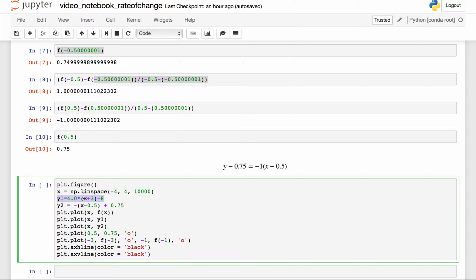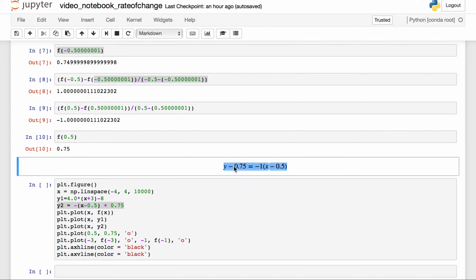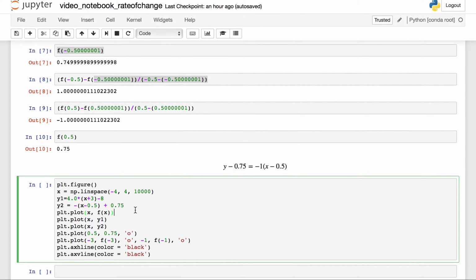My y1 is just that equation of the secant line with the plus 8 moved over to the other side. Similarly, the second line, the tangent line, comes from this equation. I just move this 0.75 over. So y1 and y2 are representative of the lines. Actually, this is the secant line, and this is a tangent line.